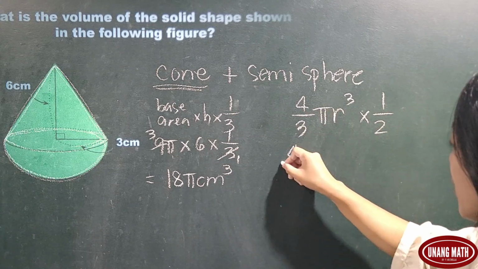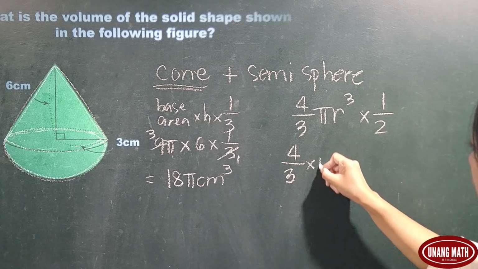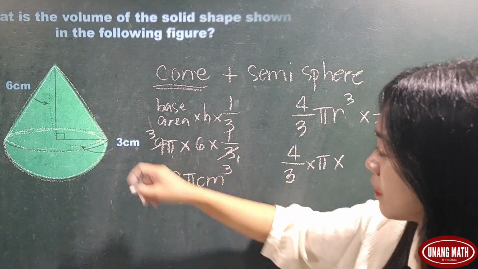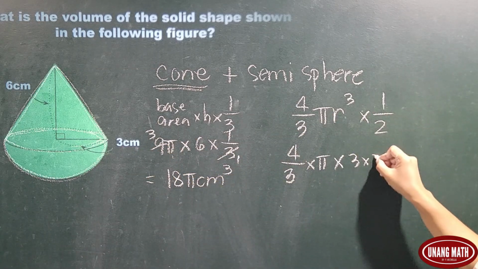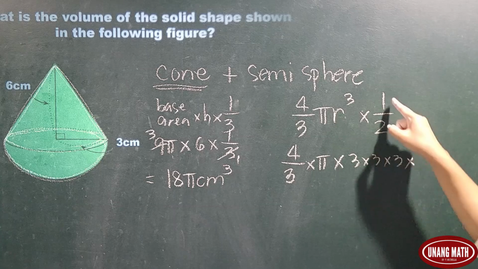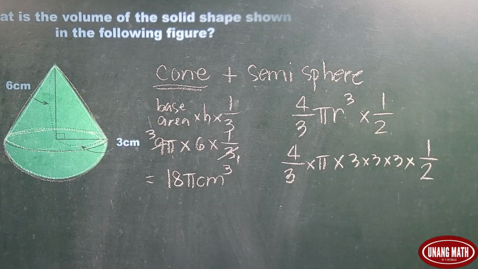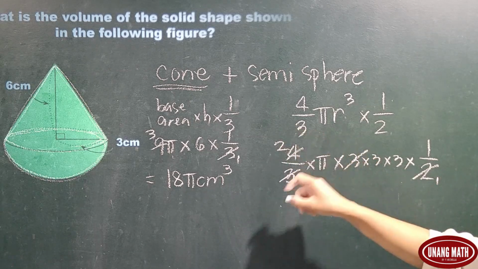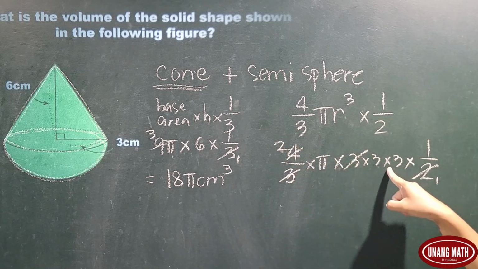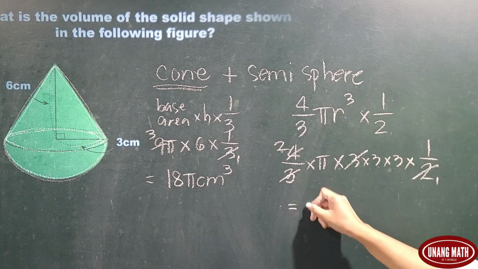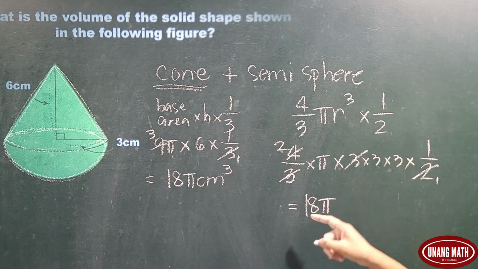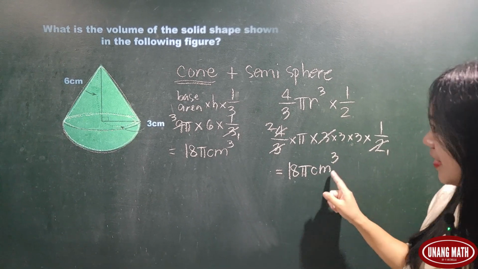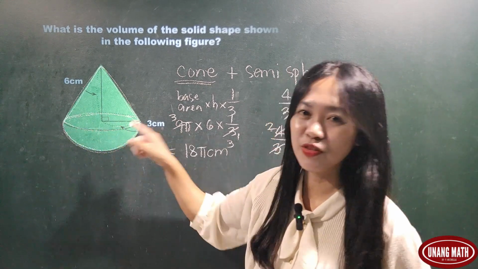Substitute the givens. 4 over 3 times pi times our radius, which is 3 centimeters. So this is 3 times 3 times 3. And we need to multiply by 1/2. Simplify. This is 1 and this is 2. So we have 2 times 3 times 3. This is equal to 18 pi. So we have 18 pi cubic centimeters. This is the volume of this semi-sphere.